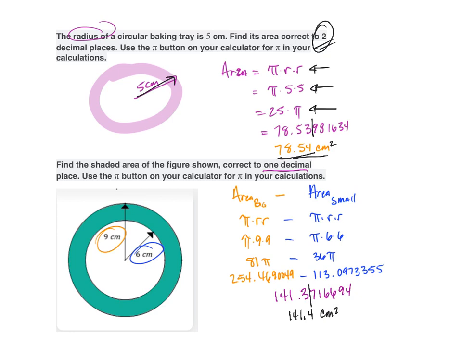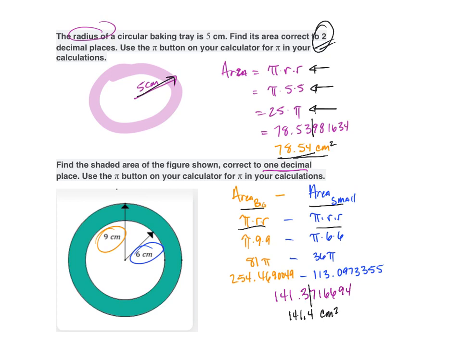I taught you that when you look at this shape, you're just finding the shaded area. You're going to take the area of the big circle minus the area of the small circle, or the piece that you're cutting out. They both have the equation pi times r times r.